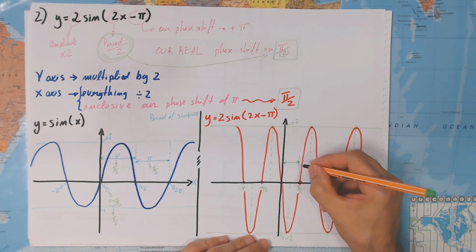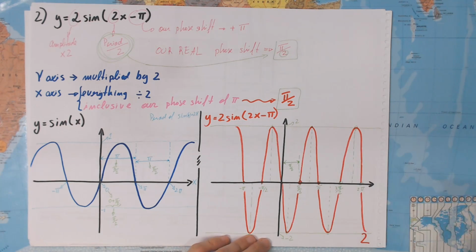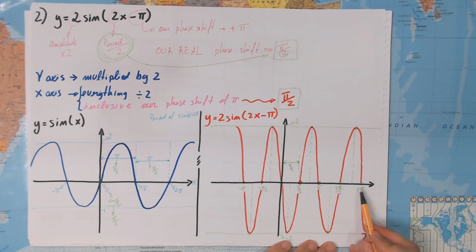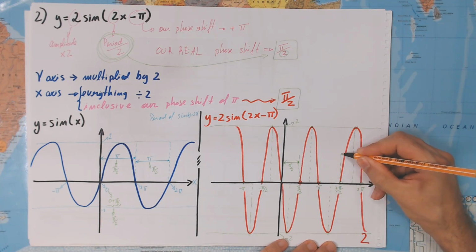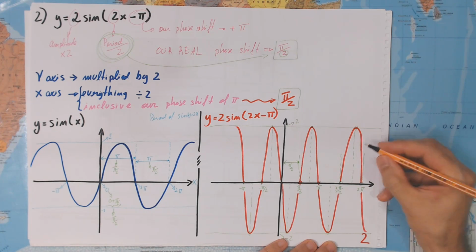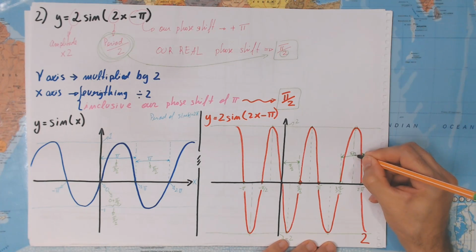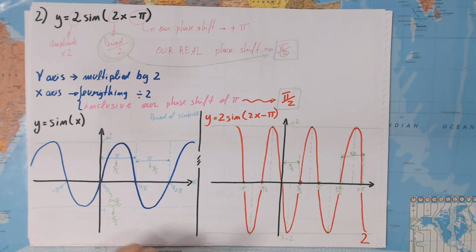And this is clearly pi over 2. We can count also this one. It's also going to be pi over 2. Also pi over 2, and now it makes sense.